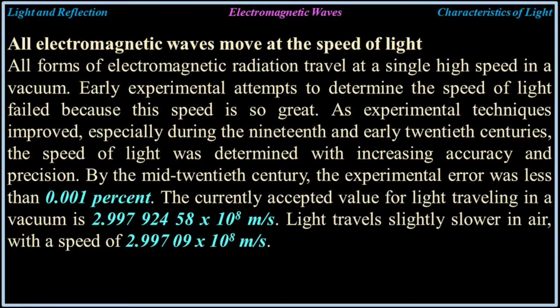All forms of electromagnetic radiation travel at a single high speed in a vacuum. Early experimental attempts to determine the speed of light failed because this speed is so great. As experimental techniques improved, especially during the 19th and early 20th centuries, the speed of light was determined with increasing accuracy and precision.